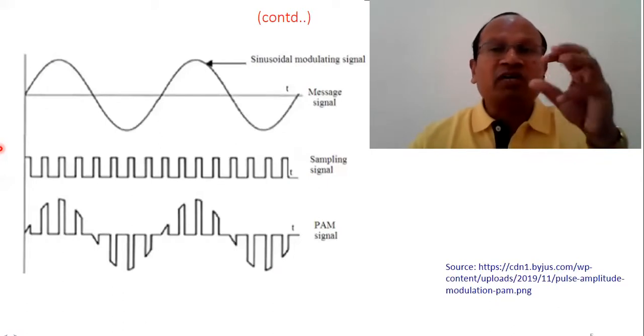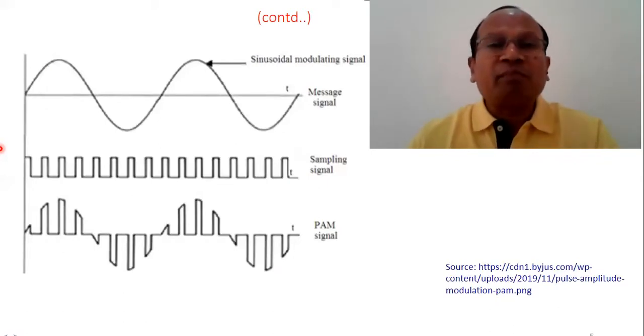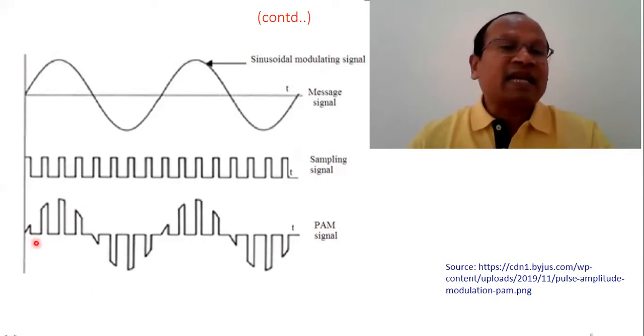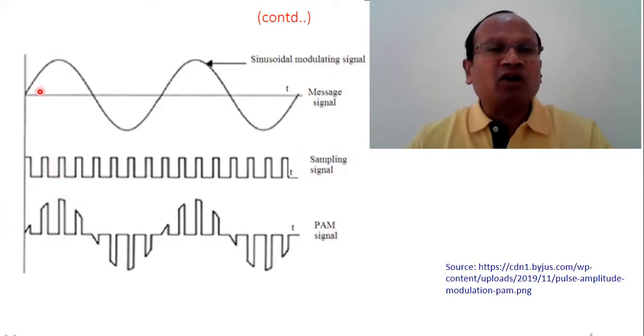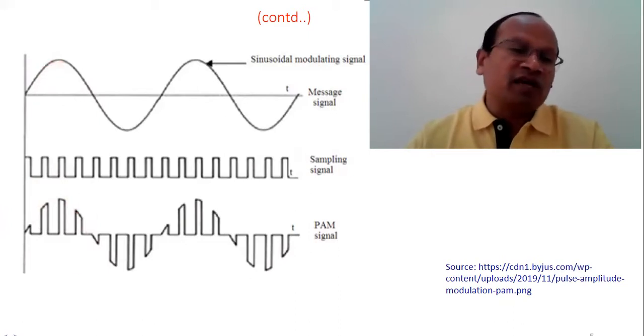Natural top PAM output, flat top PAM output. So this is natural. You see here, the pulse amplitudes are just following the instantaneous value of the modulating signal.